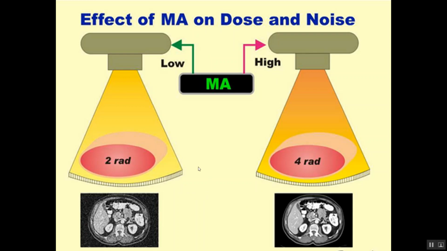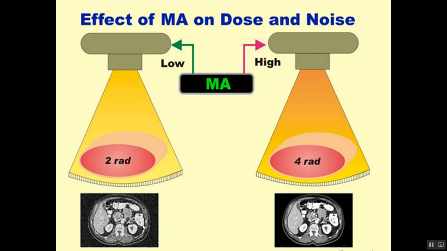So here you see this machine using low milliampere, and the dose is 2 rad. Rad is a unit of dose as well. And here using high milliampere, that means higher dose. What's the difference between these two images?